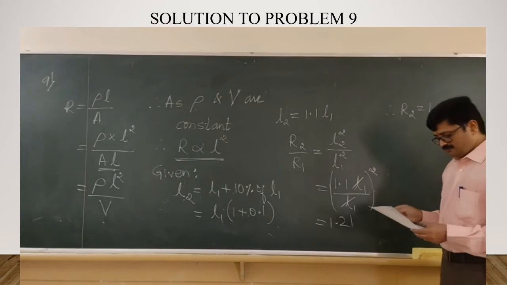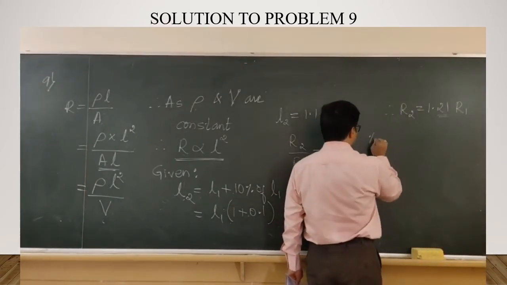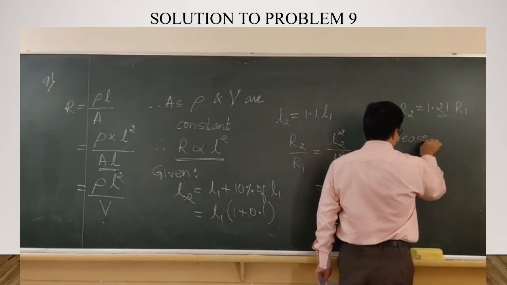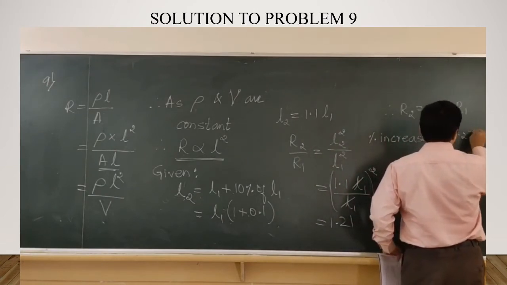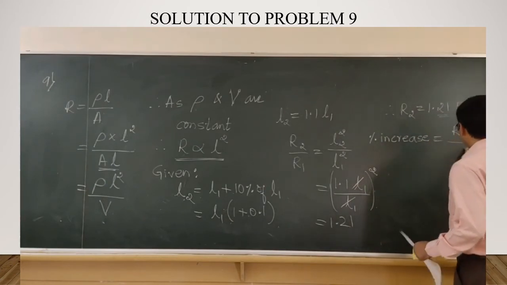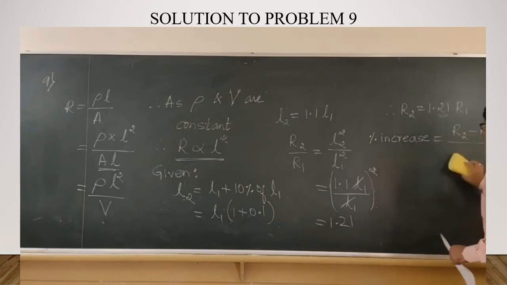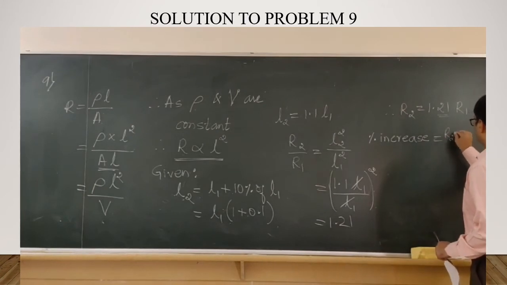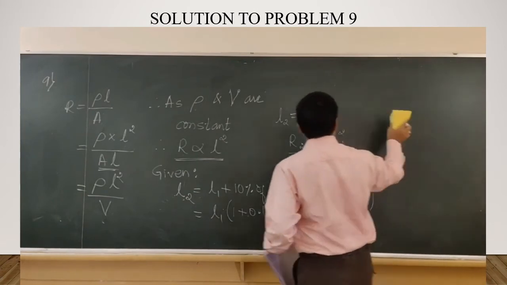Very clearly you can derive that, but still I will write the formula: percentage increase is equal to R2 minus R1 divided by R1 into 100. That is R2 minus, I think it will not be visible to you guys, so I'll just mention it here.